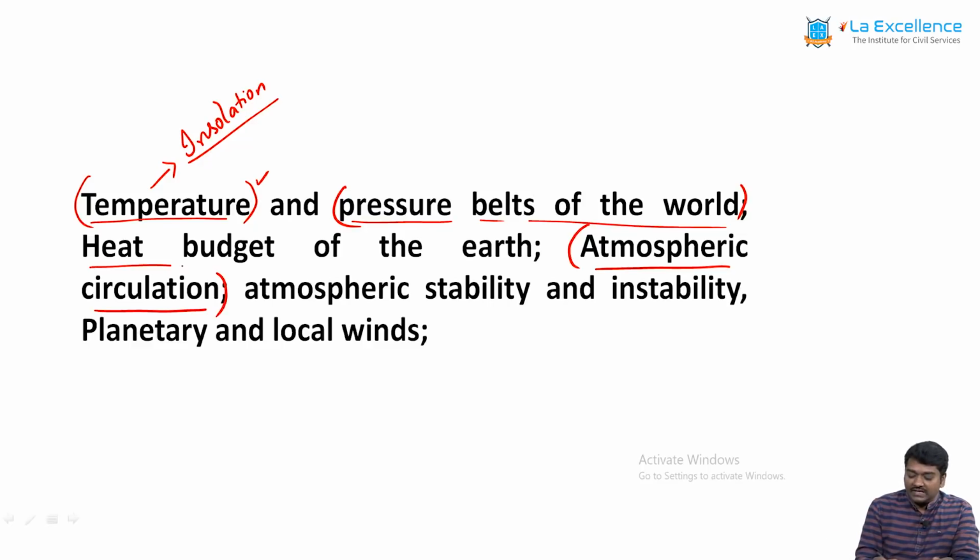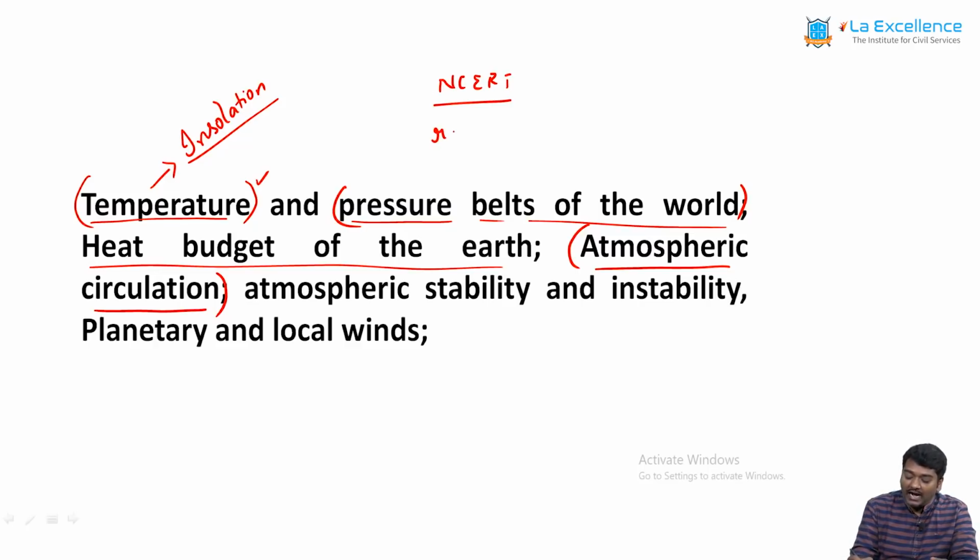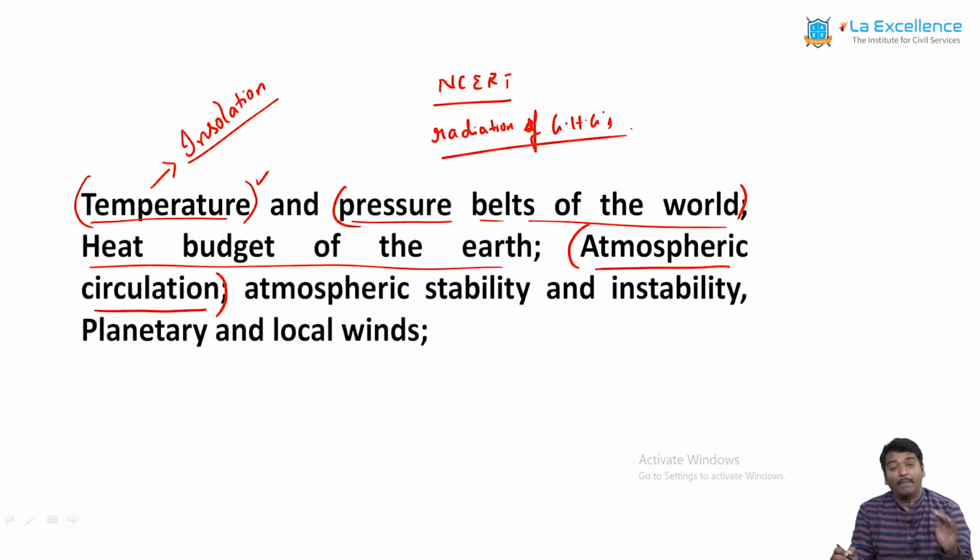And then when I see the heat budget of the earth, there are at least 3 different heat budgets that are given. If you can know the basic NCERT version, it's fine. But if UPSC asks you any specific name, please understand we need to add the radiation, and we need radiation of greenhouse gases back to the earth.